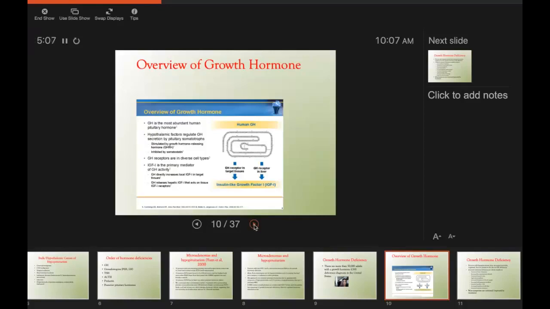So wherever the growth hormone is supposed to work, growth hormone binds there and IGF-1 goes up, in addition to IGF-1 from the liver. So you have circulating IGF-1 and local IGF-1, and both of them mediate the effects of growth hormone. You have growth hormone receptor in target tissues and growth hormone receptor in liver, both of them leading to high IGF-1.